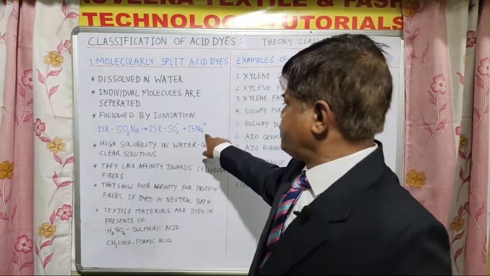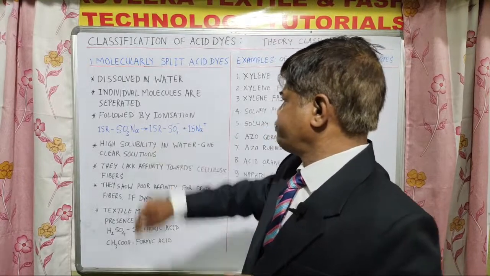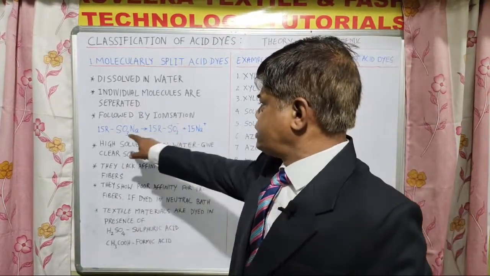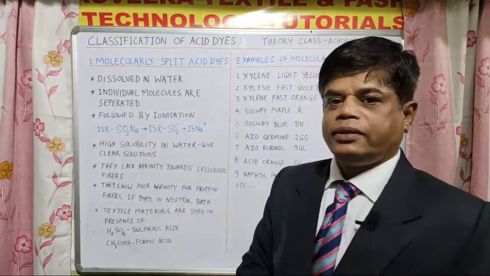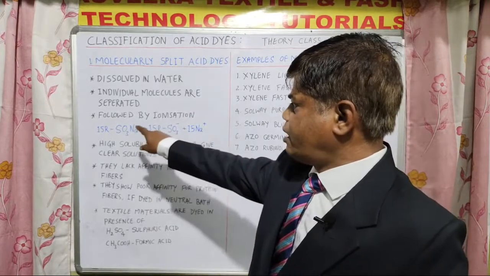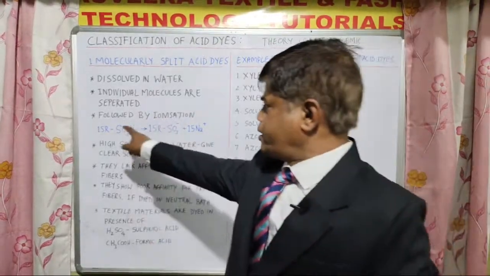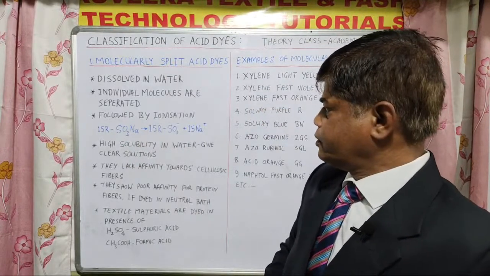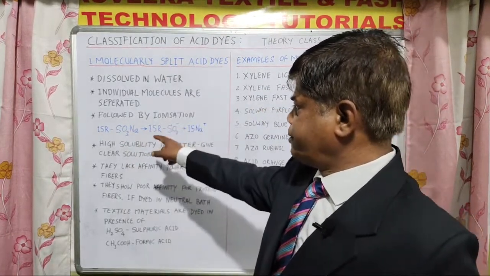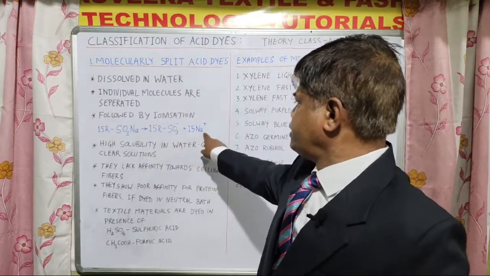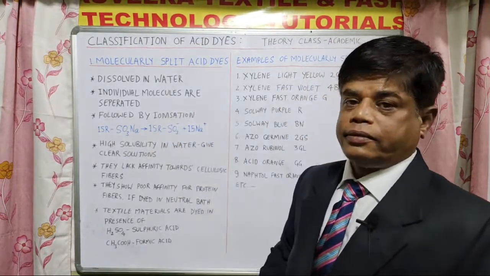This is the dye, 15R, and this SO3Na is split into SO3 minus and Na plus.